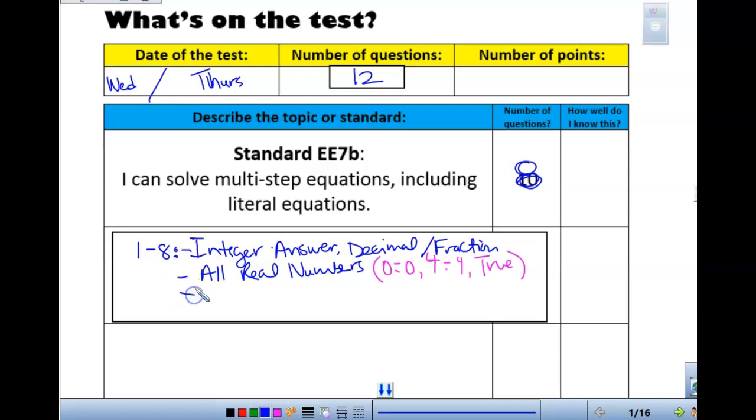But you might also have in these first 8 questions, no solution. Now, I just told you what happens to get all real numbers. Okay, so what would you say is going to happen if we have no solution? Variable equals variable. Nope, not a variable equals variable.